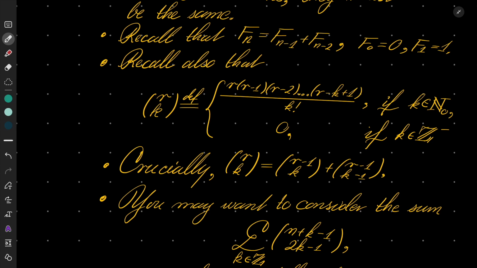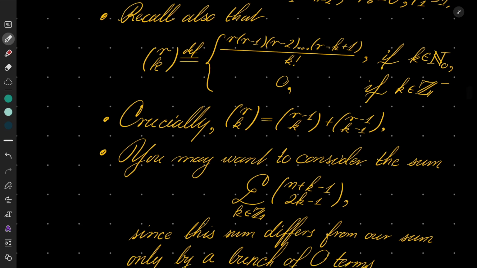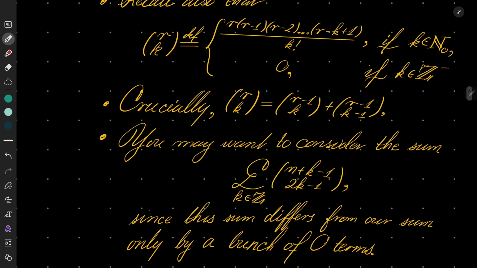It's crucial. And also, to simplify your reasoning, because we will have to shift our index of summation, you may want to consider the sum going over all integers. Because if you step into negative integers, the lower part of the binomial coefficient will become negative, and this binomial coefficient will go to 0.